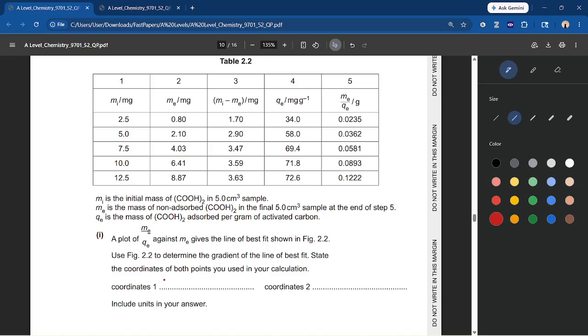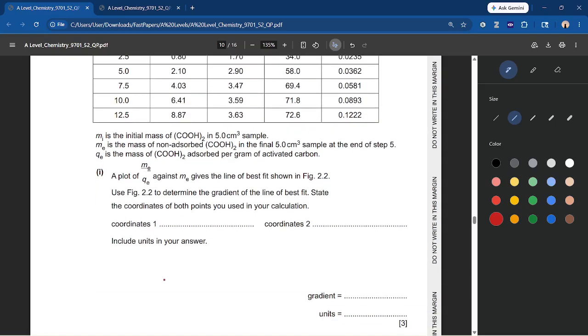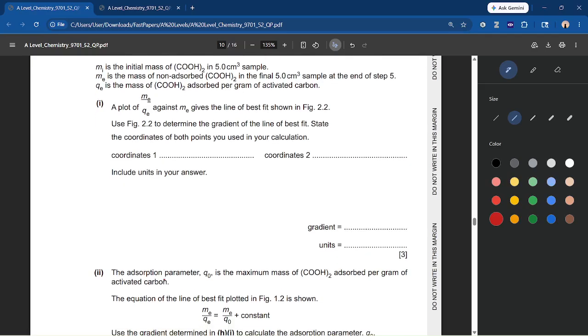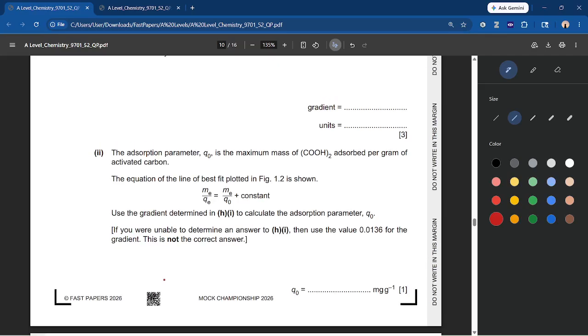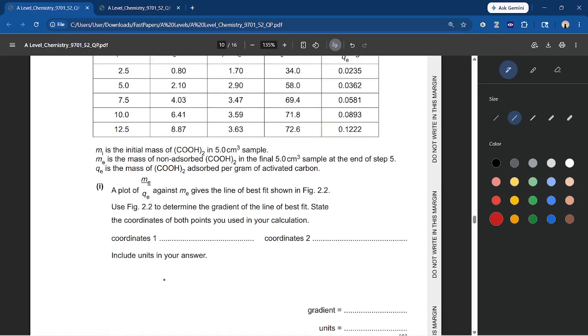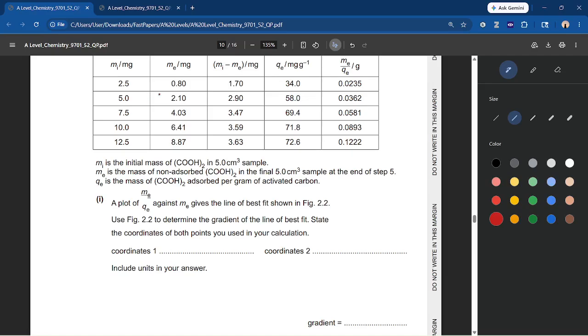Use figure 2.2 to determine the gradient of the line of best fit. State the coordinates of both points used in your calculation. Coordinates 1 and coordinates 2, include units in your answer. Okay. So first, let's find out the units. So if it's a plot of ME by QE against ME, so ME's units are milligram, and it's being divided by milligram gram minus 1.